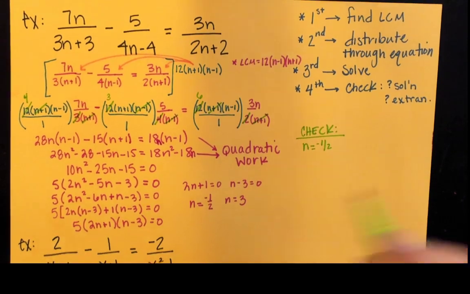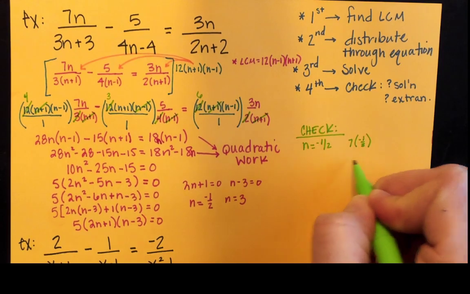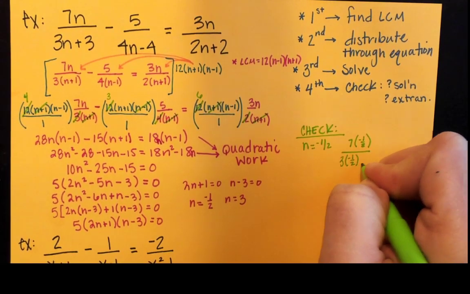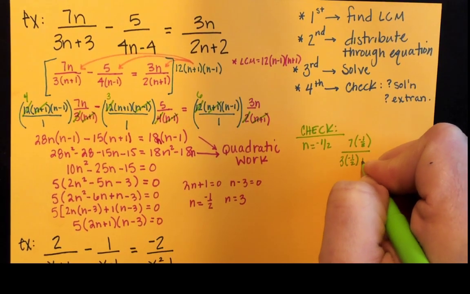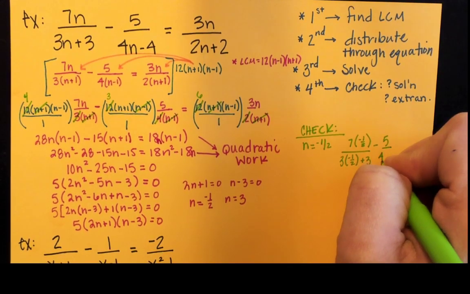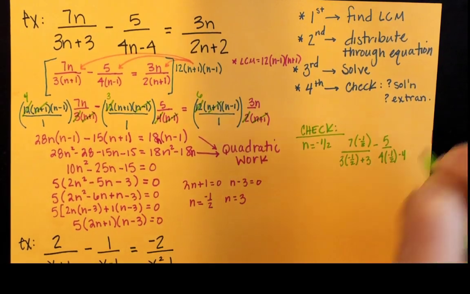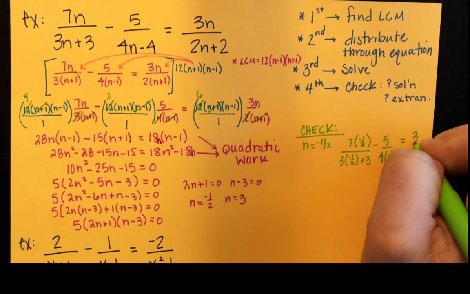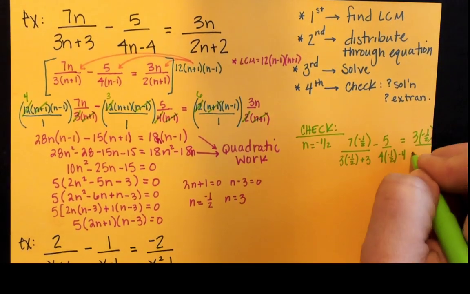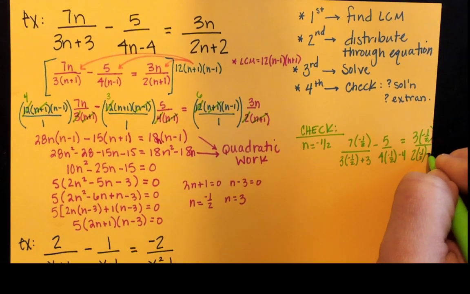If I plug all that in, 7 times negative 1/2 over 3 times negative 1/2 plus 3, minus 5 over 4 times negative 1/2 minus 4, equals 3 times negative 1/2 over 2 times negative 1/2 plus 2. I'm squeezing that guy in.